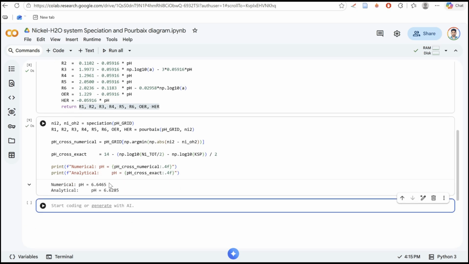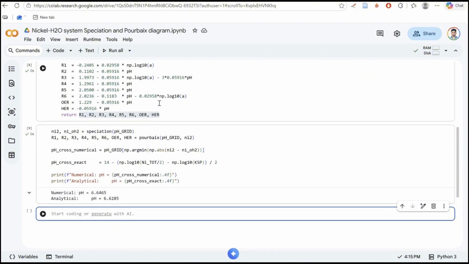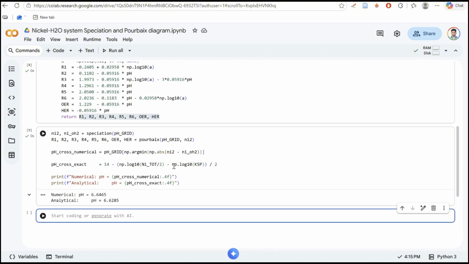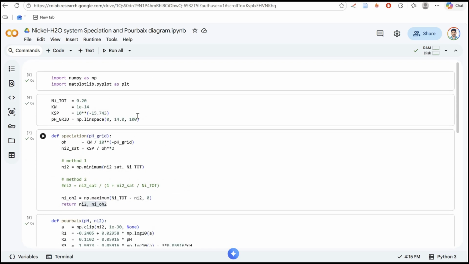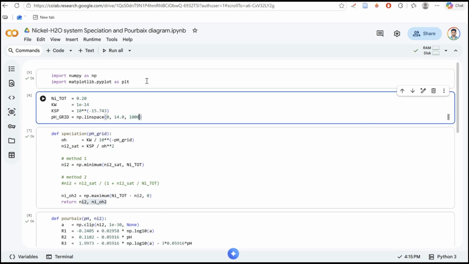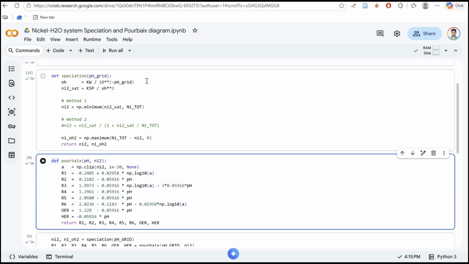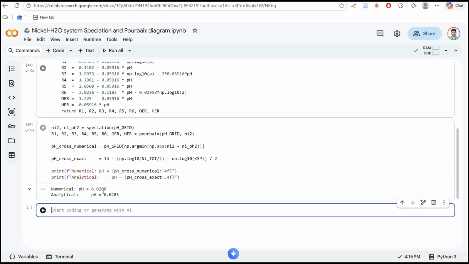Both values are printed for comparison, serving as a quick validation check between the numerical and analytical approach. Initially, with a small number of grid points, we notice a slight difference between the two values. However, as we increase the grid resolution, the numerical solution converges closer to the analytical result.